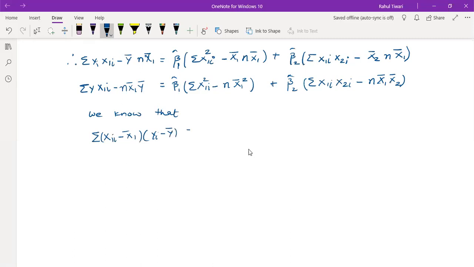This is equal to summation x1i yi minus n x1 bar y bar. This is equal to summation x1i small y bar, or small y bar, this I can take as yi. This is yi.